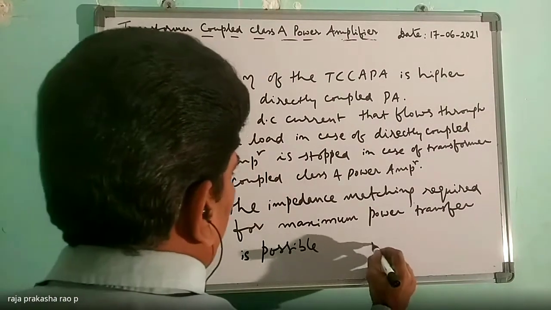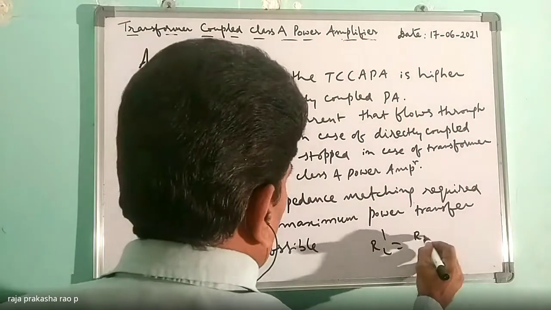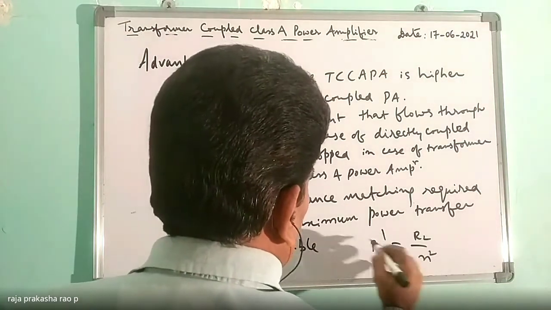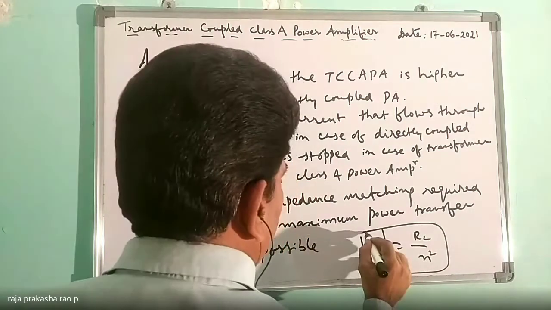We know the formula RL dash is equal to RL by N square. We can use this formula for impedance matching.